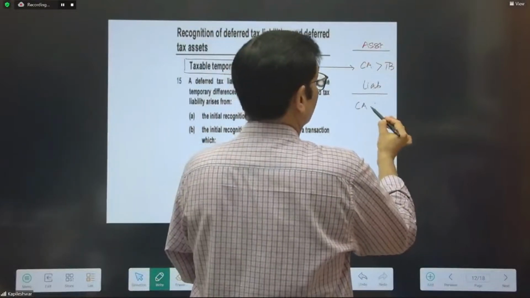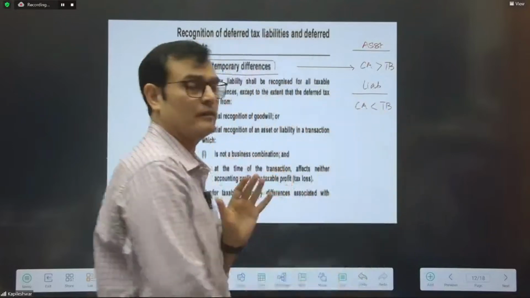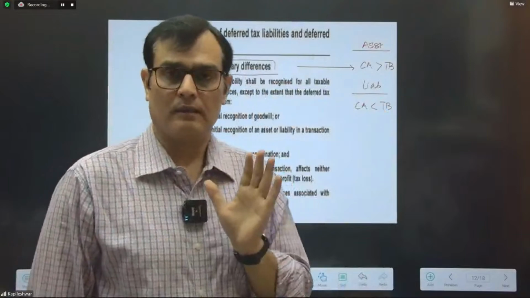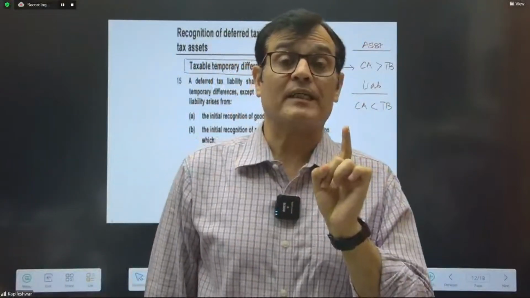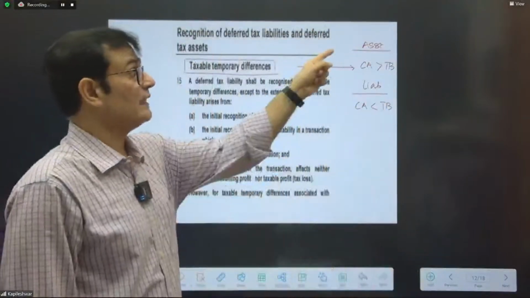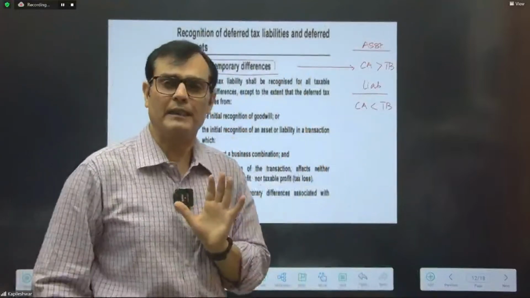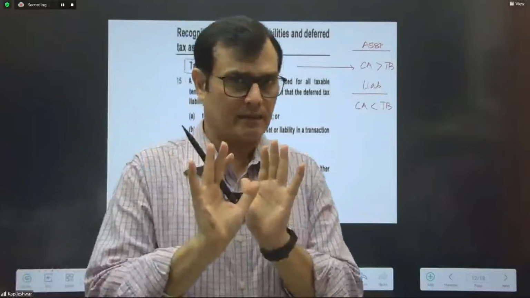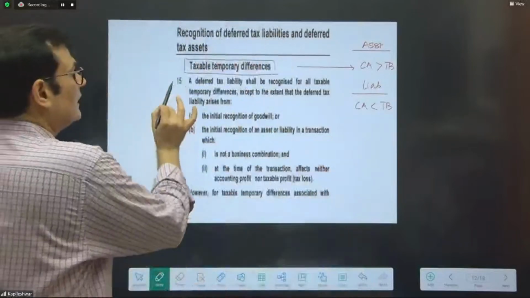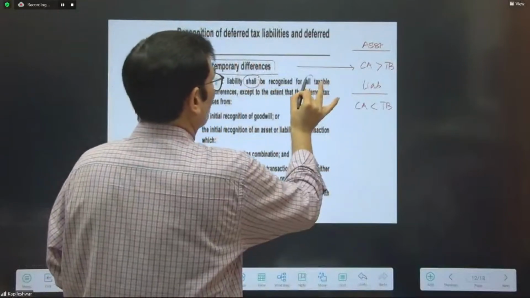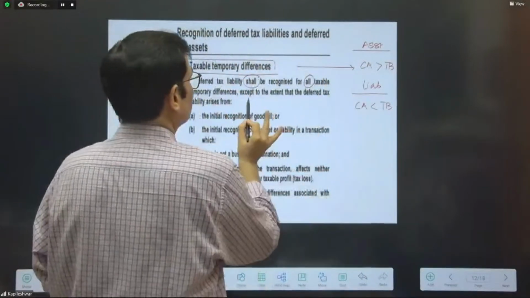When the carrying amount is less than the tax base. Liability is the opposite of asset. So when does a taxable difference arise for an asset? When the carrying amount is more. When does it arise for a liability? When the carrying amount is less. Simple. A deferred tax liability shall be recognized for all taxable differences except.